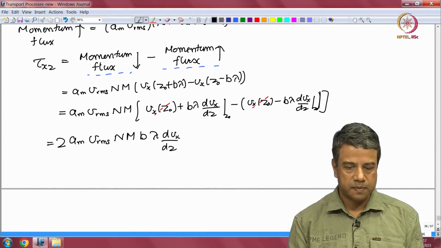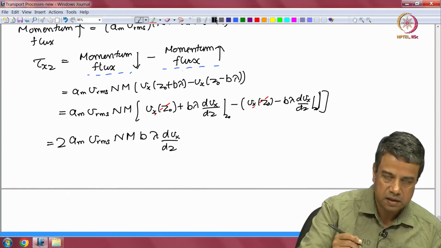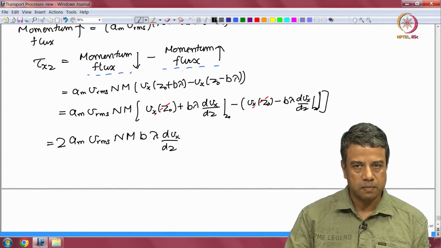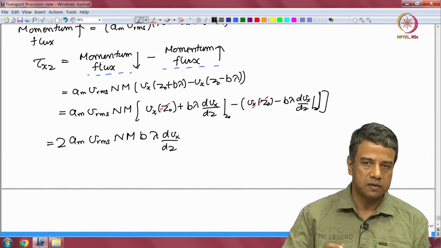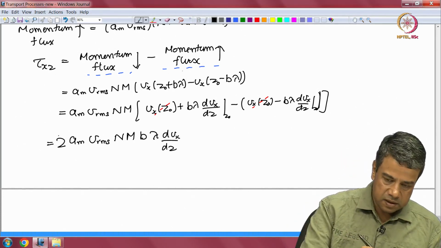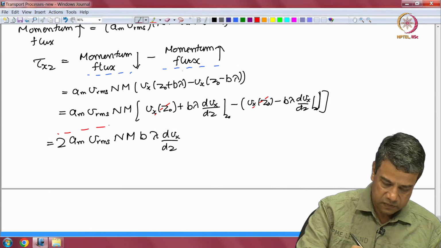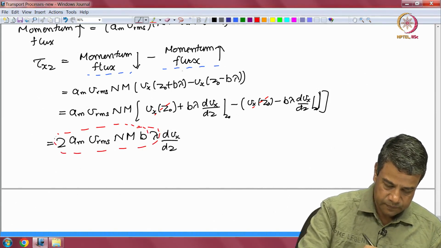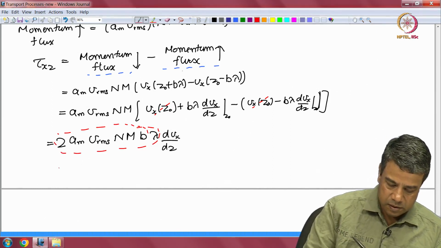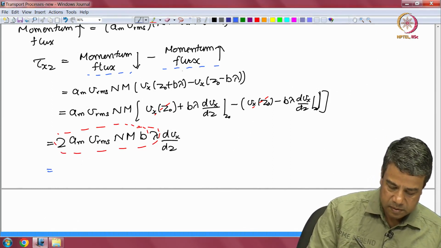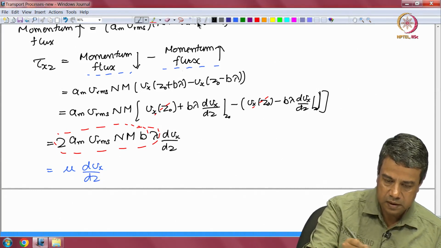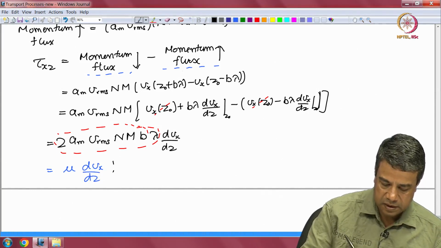This is the same expression as Newton's law for viscosity. Note that we had said earlier for Newton's law for viscosity there is no negative sign because it is the force exerted on the volume below. This coefficient here is the coefficient of viscosity. So, if I write this as mu dvx by dz, I get the coefficient of viscosity.